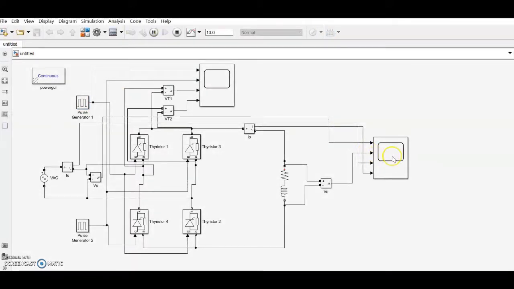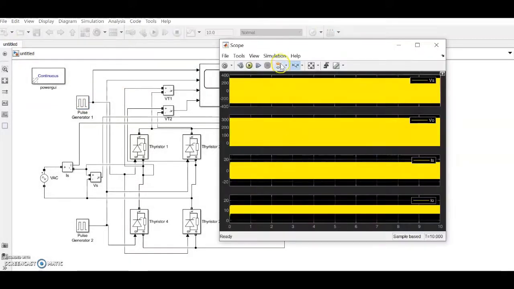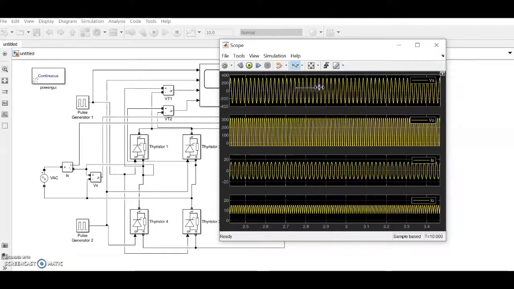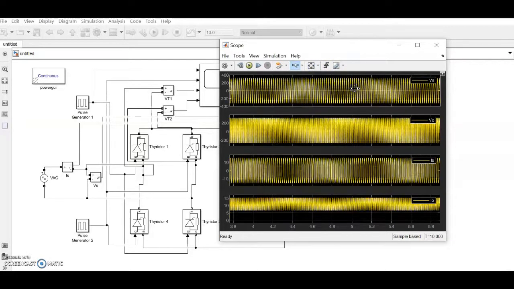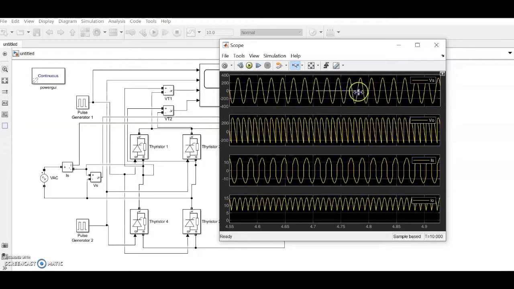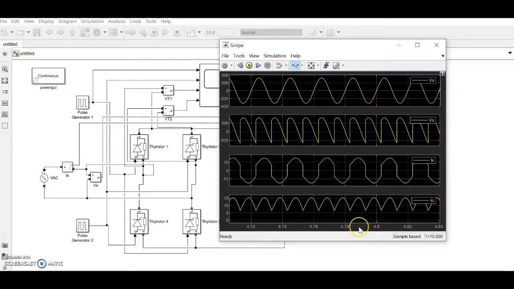Now see. All the changes happen. You can see this continued for this duration. It has been truncated there.